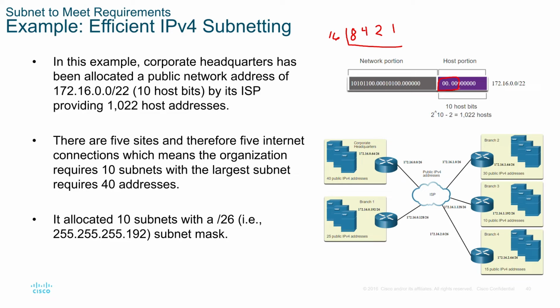So now, instead of a /22, because I have borrowed those 4, it will now be a /26. So the subnet mask would be 255.255.255, that's 24, and two more, 192.